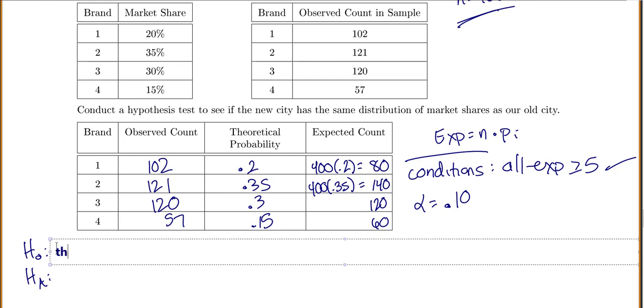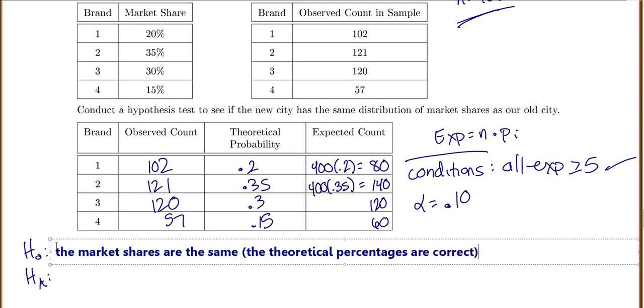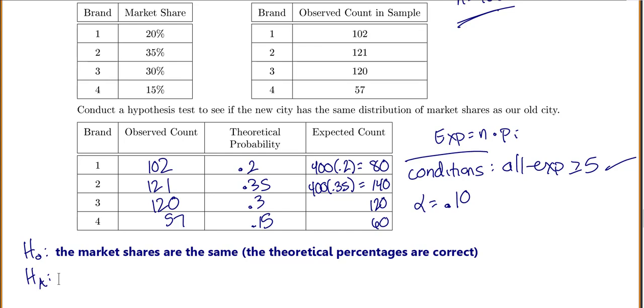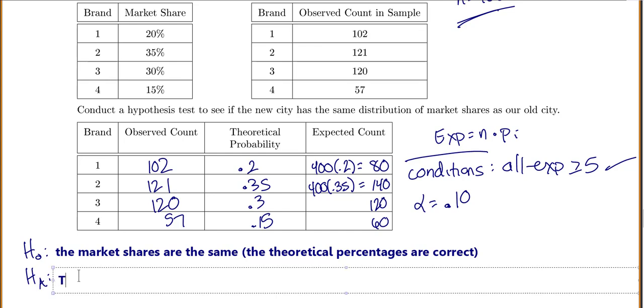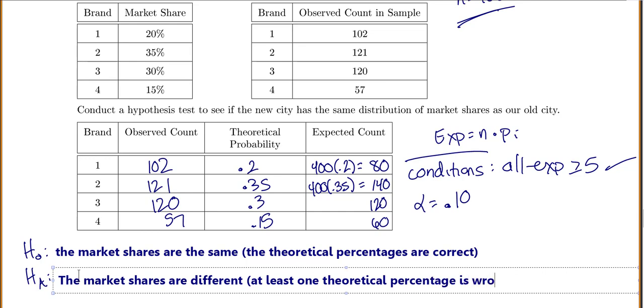The null would be the market shares are the same, or the theoretical percentages are correct. The alternative would be that the market shares are different, or at least one theoretical percentage is wrong.